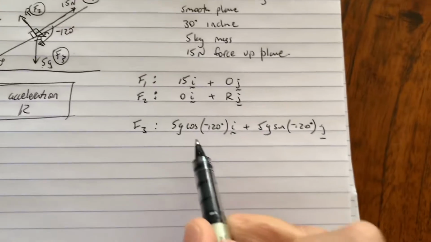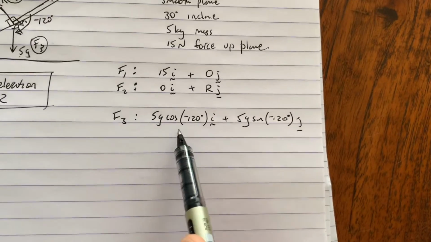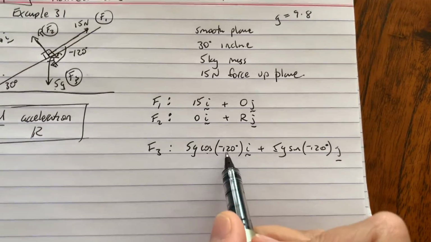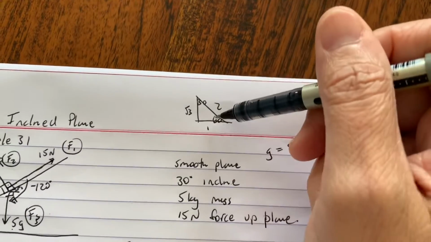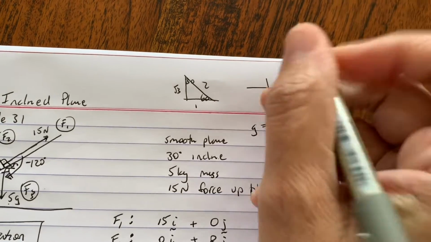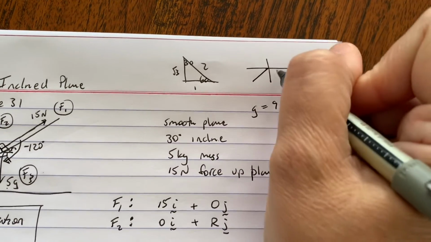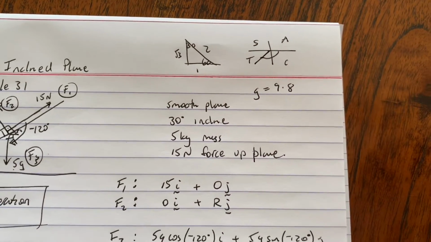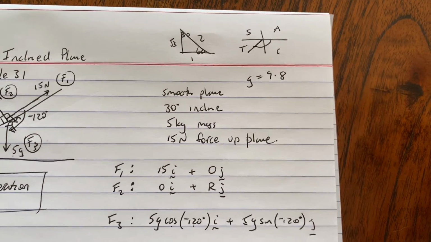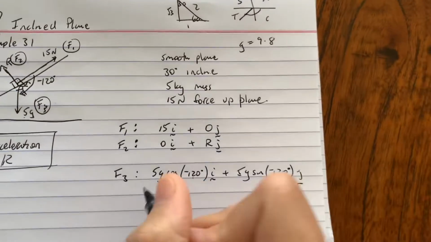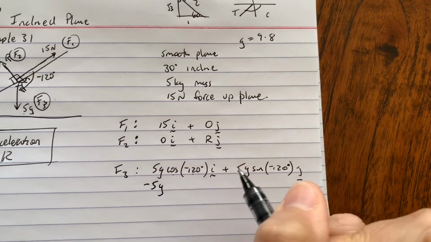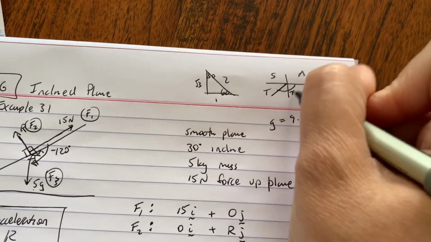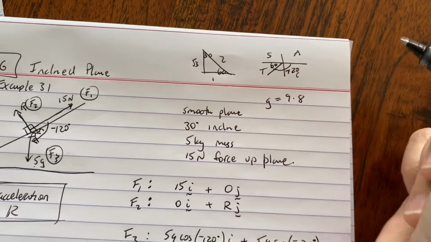Now, of course, I'm going to do this as much as I can tech-free. Cos negative 120. Now I'm going to use my triangle, and of course, knowing negative 120 is in this quadrant, CAST, it's tan, so both the cos and the sine will be negative. So this will be negative 5g, and of course, if this is negative 120, this is 60.